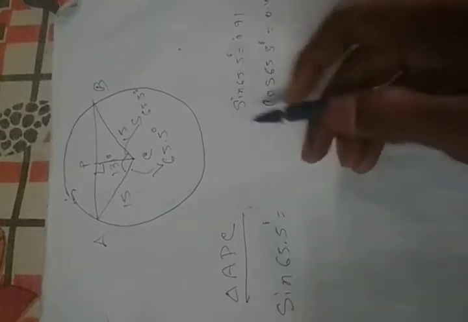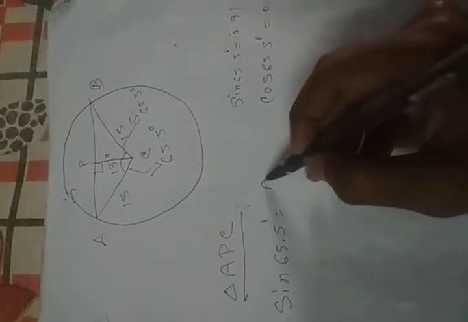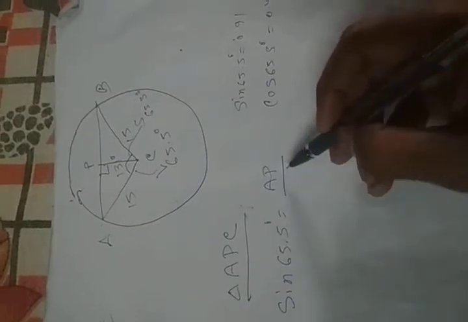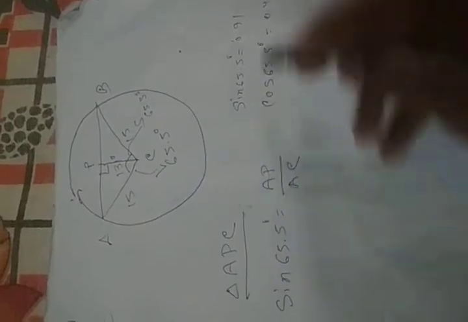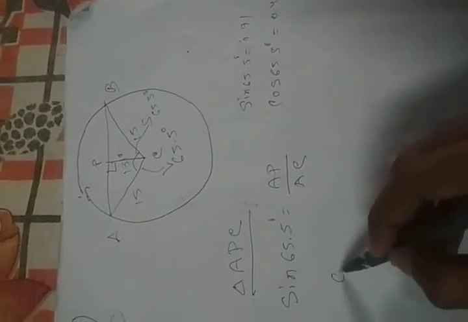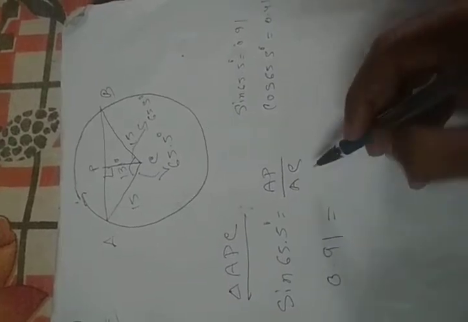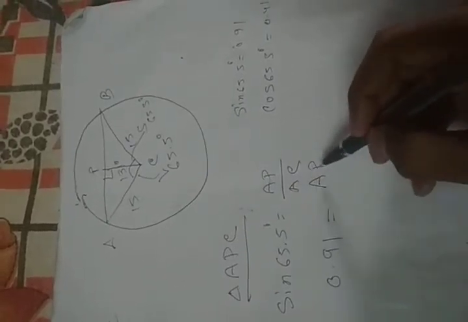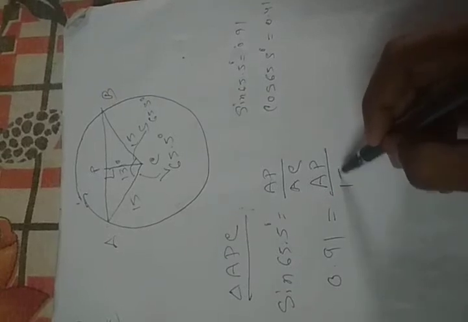Here the height is AP, the hypotenuse is AC. The value of sine 65.5 is given as 0.91, and I don't know the value of AP, but I know the value of AC, that is 50.